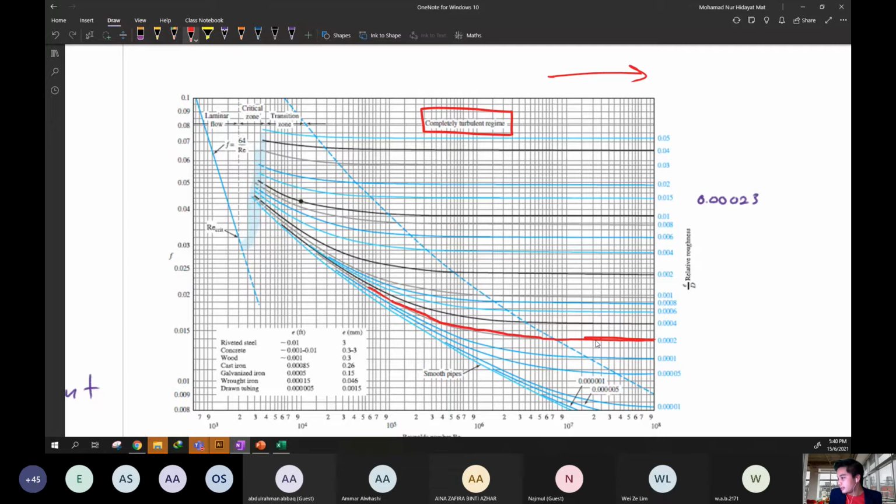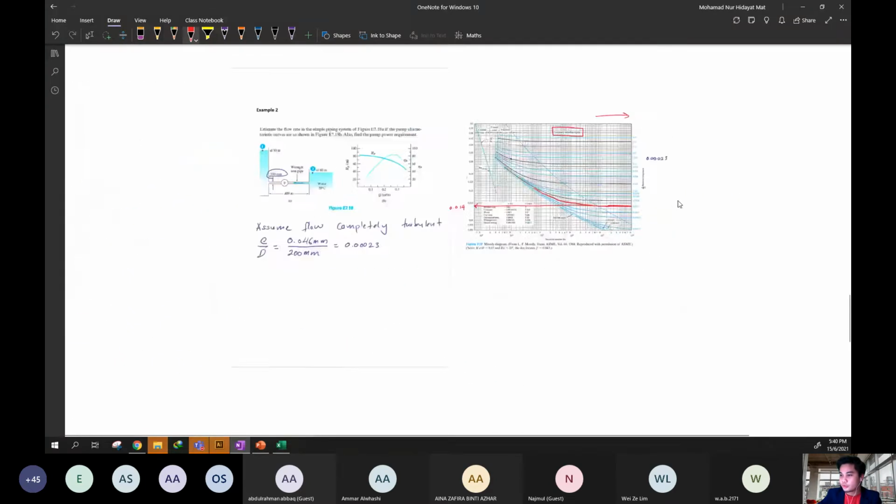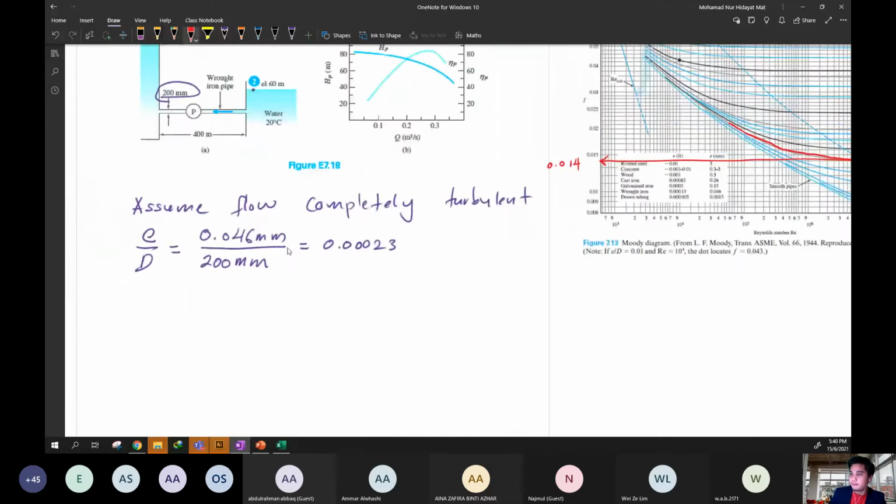So directly here, you will find out that your f here, suppose from the question, it is 0.014. Okay, it is accurate. So you get the friction factor f to be 0.014.